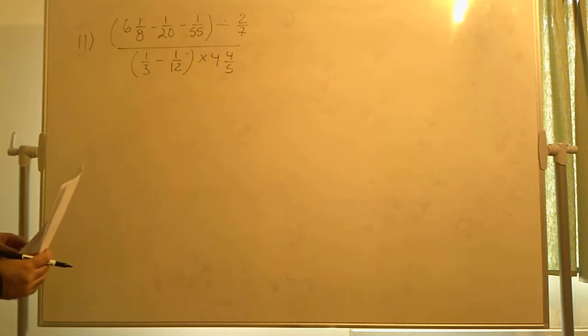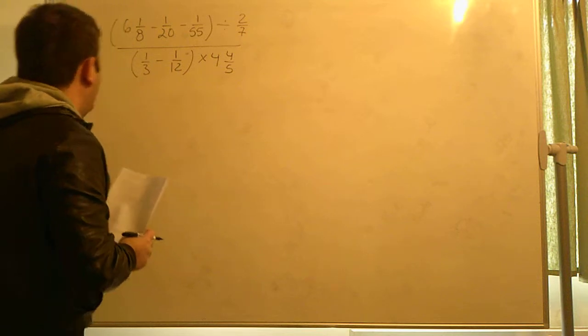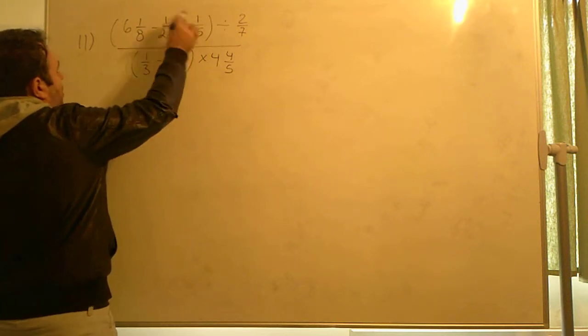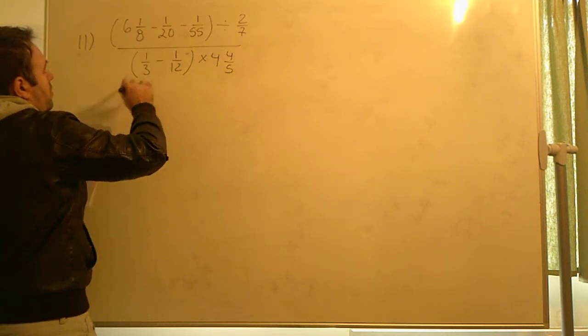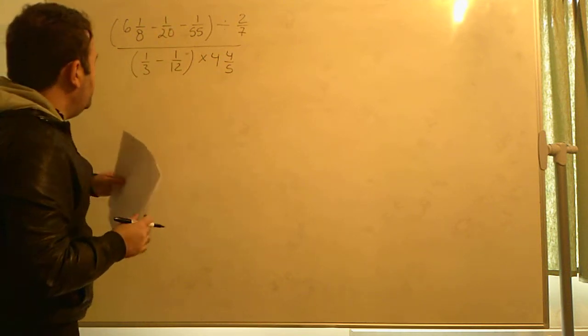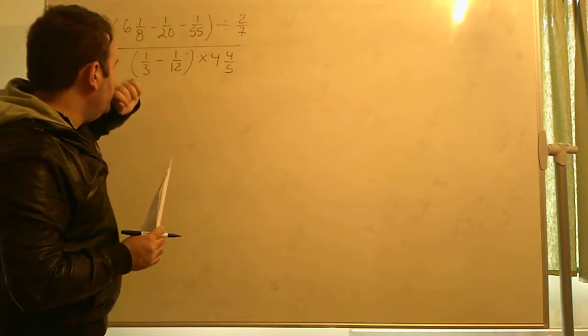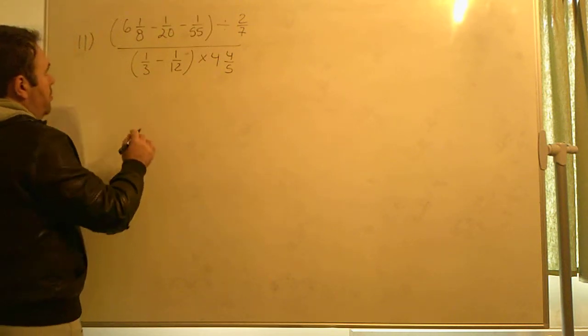So, once again, we're going to focus first on the numerator, and we're going to focus first on this. It's not a factor. It's actually the numerator of another fraction. But you will see it clearly now.